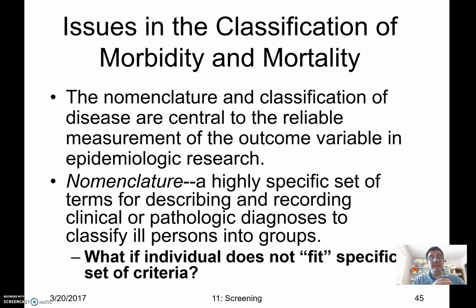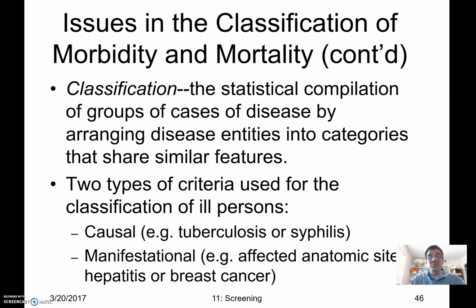You have a screening test that you think is highly specific and sensitive to identify individuals with a particular outcome. It just may not be all that reliable. It's really challenging to classify individuals or diseases that way.